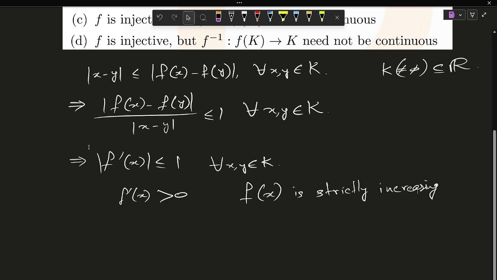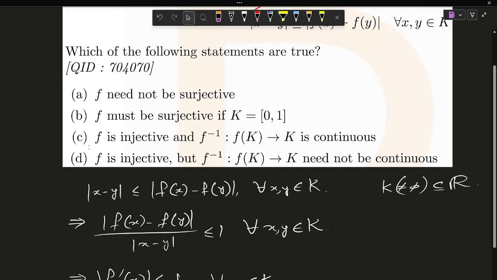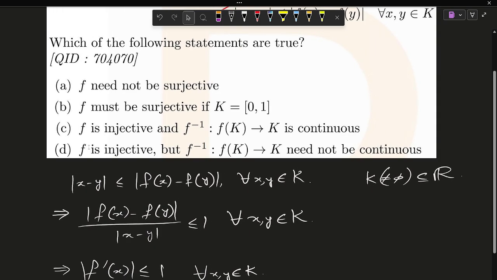Now let us keep it here and think about option A. They told us that f need not be surjective.